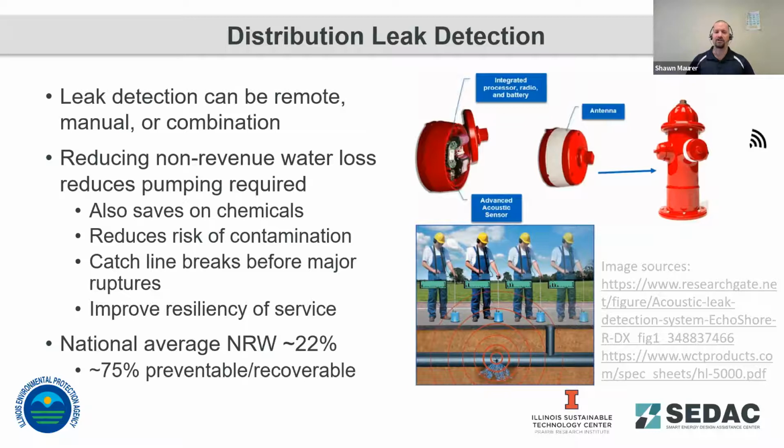So the national average for non-revenue water loss is about 22%. A lot of that is water main leaks. Some of it is unmetered water usage. Fire hydrant usage sometimes falls under that category. But about 75% of that in a national study was found to be preventable and recoverable through fixing line leaks, through monitoring water consumption.